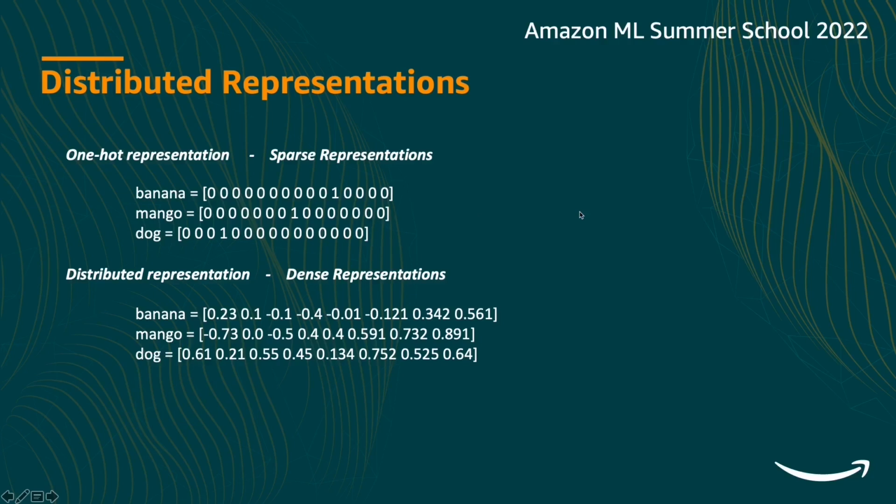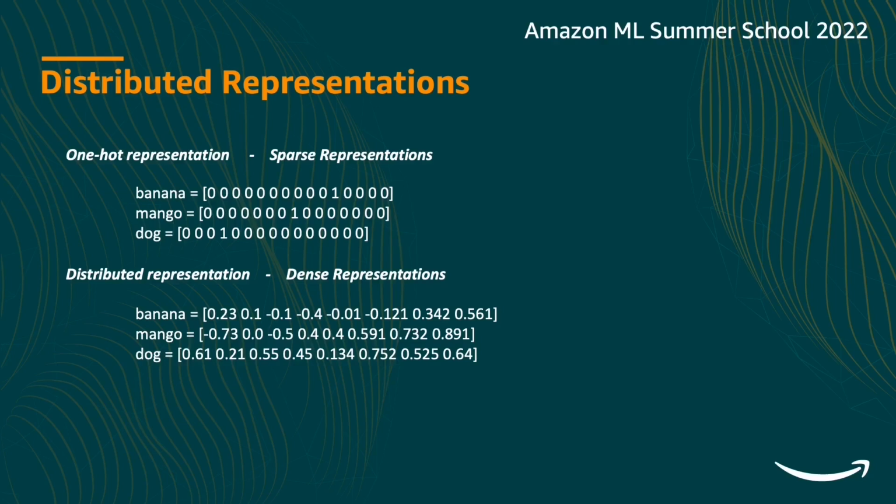This is a simple representation, but it is not very useful for many reasons. First of all, it does not encode any meaning. For example, it doesn't say that banana is somewhat closer to mango in some sense, and less similar to the representation of dog.